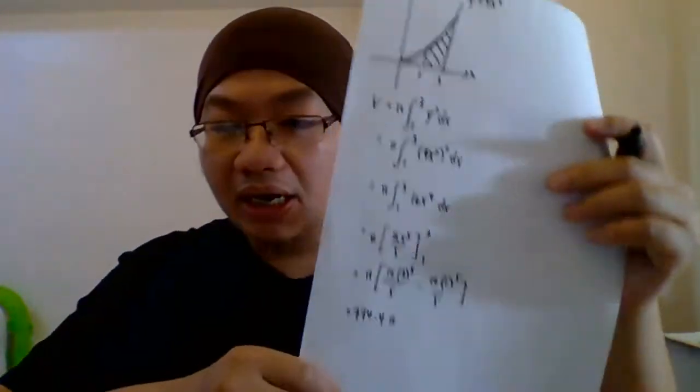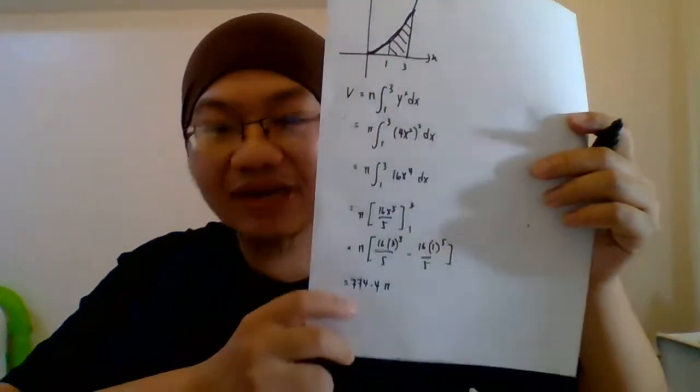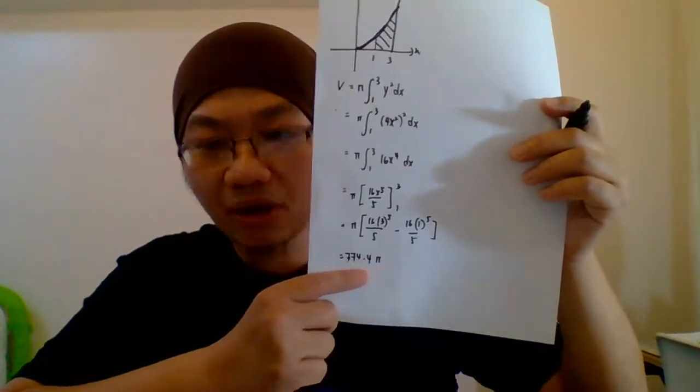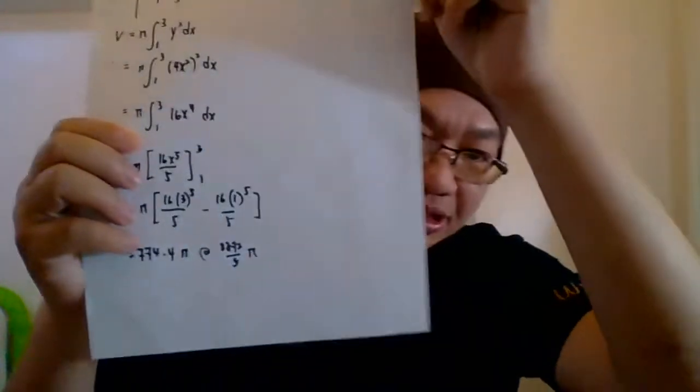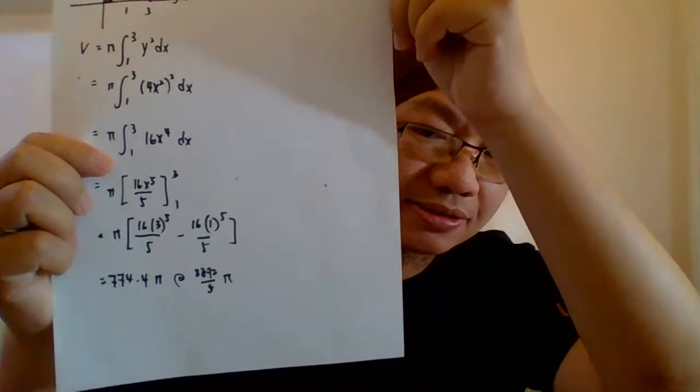Okay, 774.4 pi, right? Okay, Nadia also got the answer. Correct. 774.4 pi. Or you can write down your answer in terms of pi, in fraction, 3872 over 5 pi. Okay, so this is the answer. Alright, question number 1 is settled.